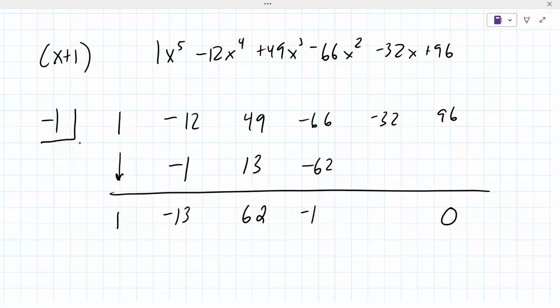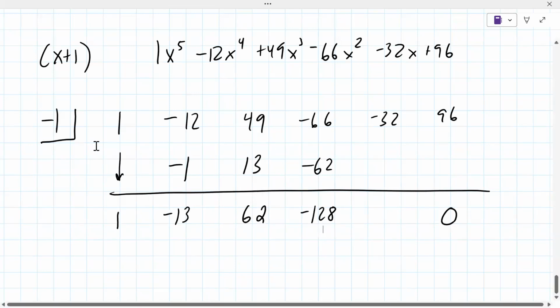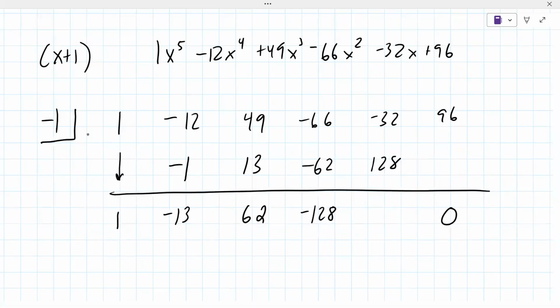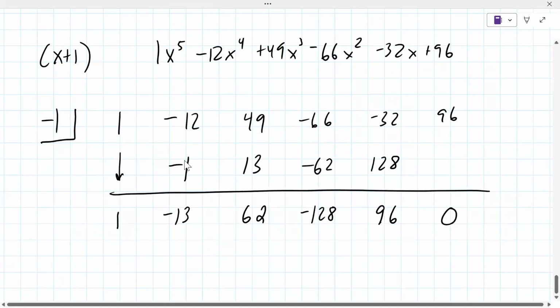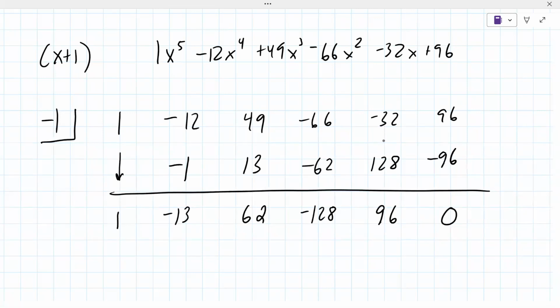We're up to -128, which is starting to look bad. It's starting to be like, I don't know if this is going to work. -128 times -1 is 128, which gives you +96 when you add. You're always adding vertically. And then you multiply by -1 to get -96.